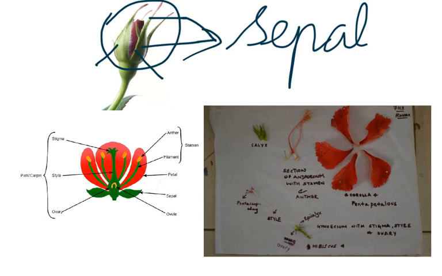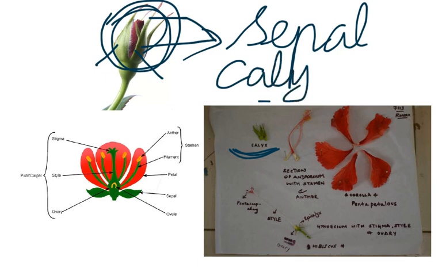This outermost ring of sepals is known as calyx. Do you know what is the function of this calyx? They hold and cover the young developing flower bud.